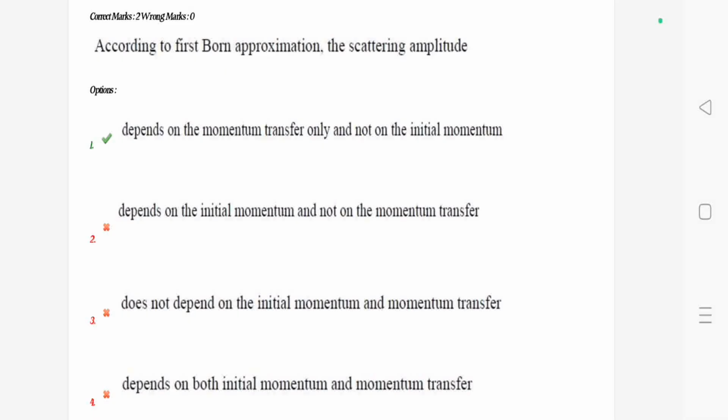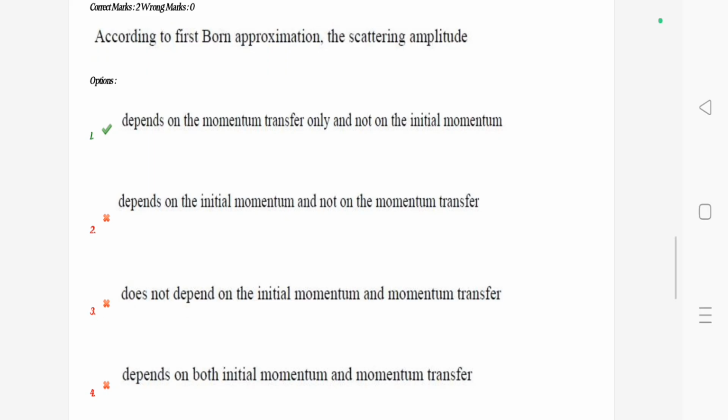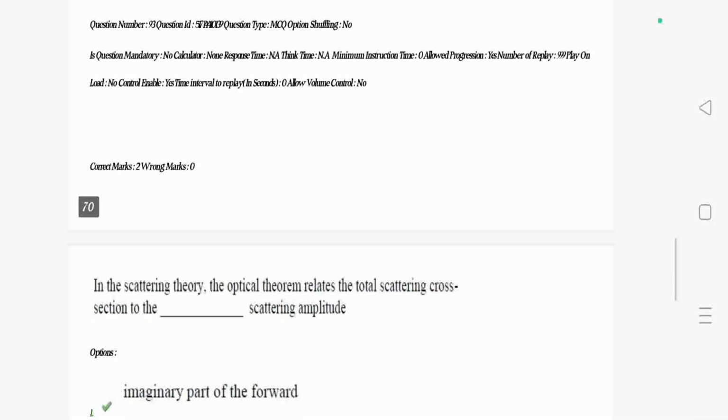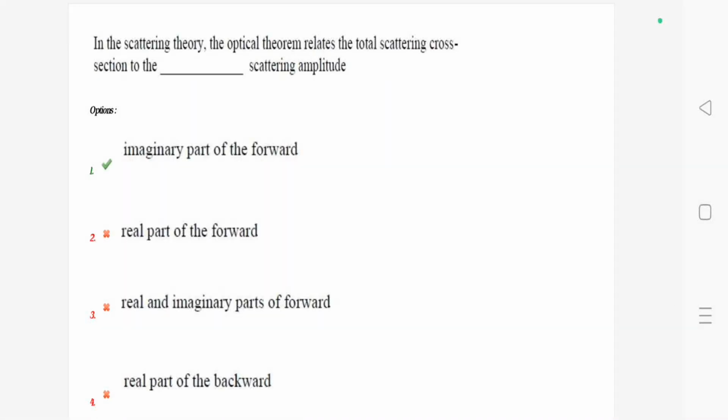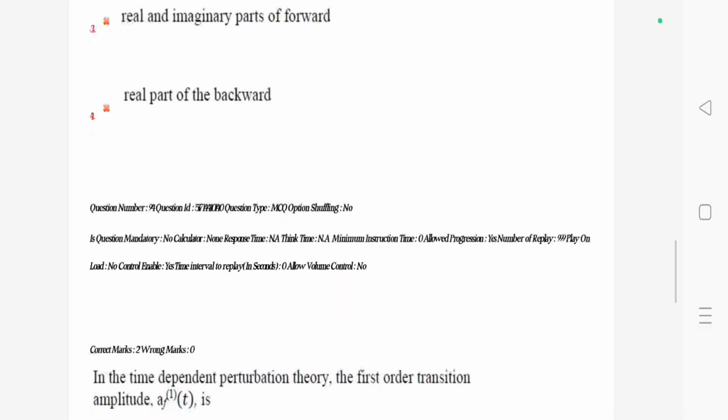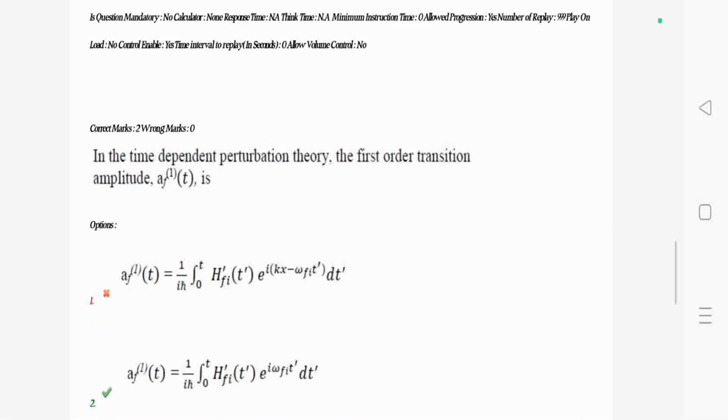According to the first Born approximation, the scattering amplitude depends on momentum transfer only and not on the initial momentum. 93. In scattering theory, the theorem relates the total scattering cross section to the imaginary part of the forward scattering amplitude. 94th question.